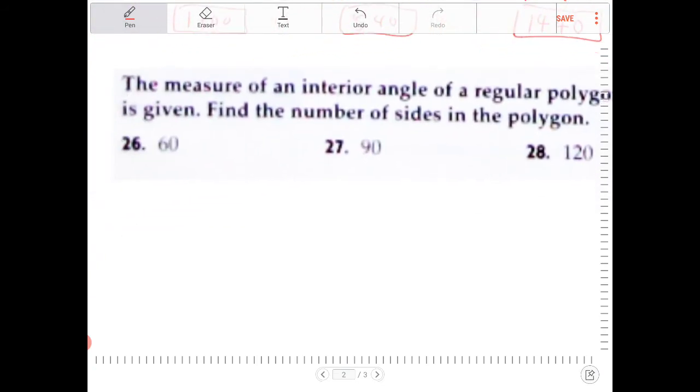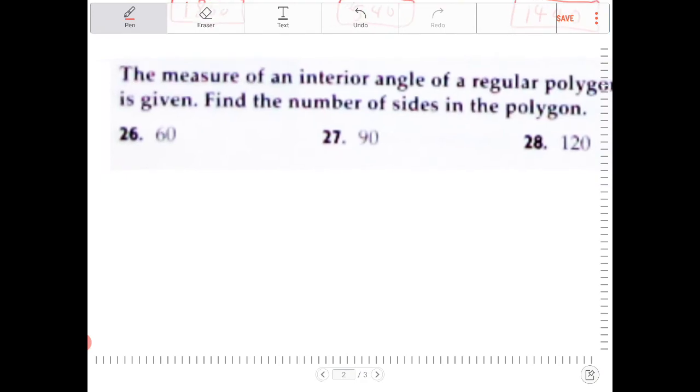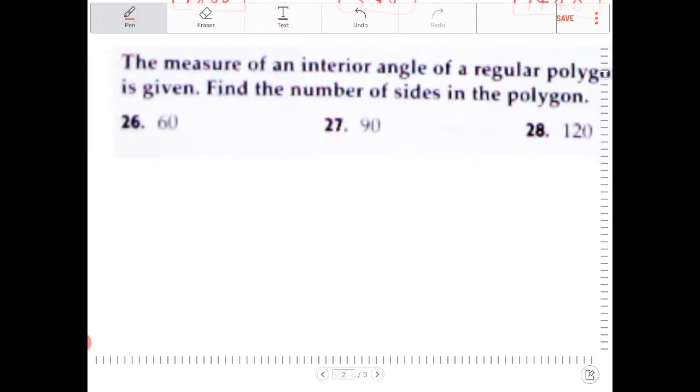The measure of an interior angle of a regular polygon is given. Find the number of sides in the polygon. So this is, in other words, 180 times n minus 2 over n is equal to 60. I need to find out what n is. You can certainly find out by solving for n.